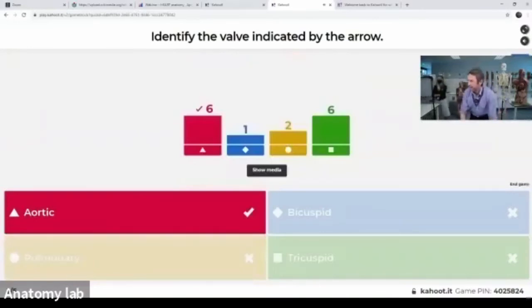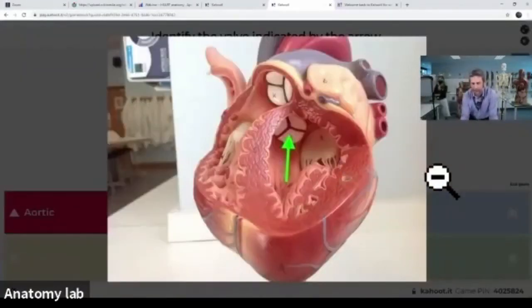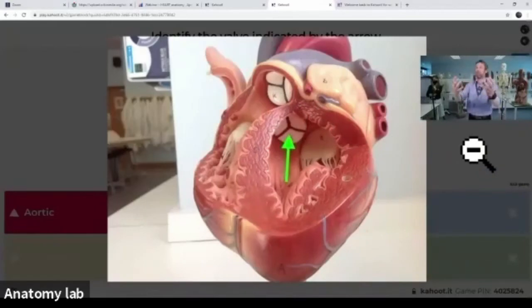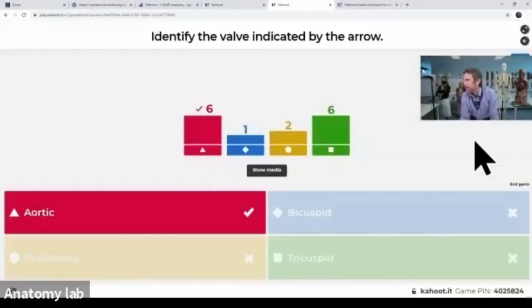It was really difficult. You've got to be careful. And this is again very three-dimensional, that image, isn't it? So we need to work out where we are. We're in the left ventricle here, and that is the valve that's letting blood out of the left ventricle through the aorta. So it is the aortic valve.